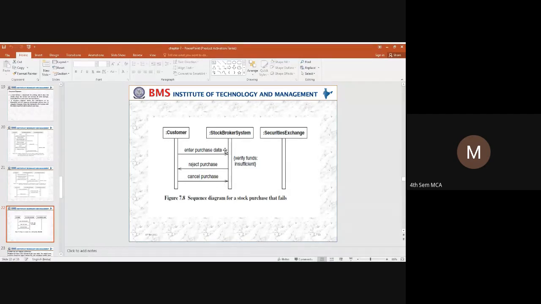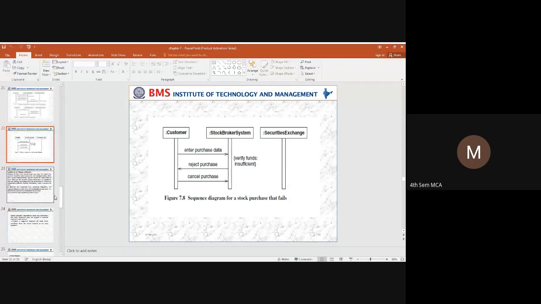This is how the stock purchase is going to fail due to insufficient funds. That means, based on the model itself, we can design where the failure can happen, how to design the system with respect to the failure, and what the reasons for failure are. Everything can be brought up in a model itself.